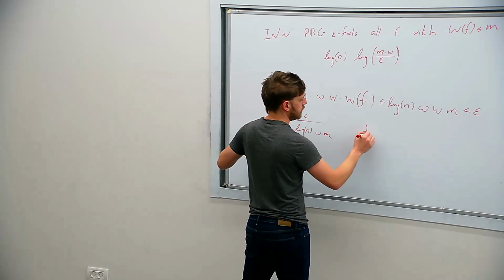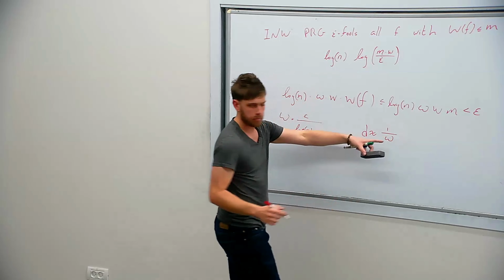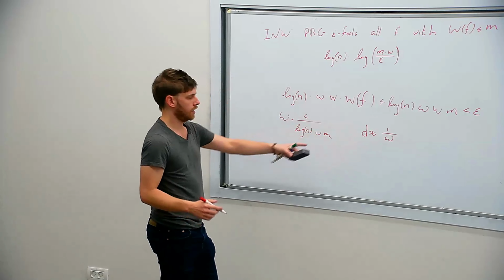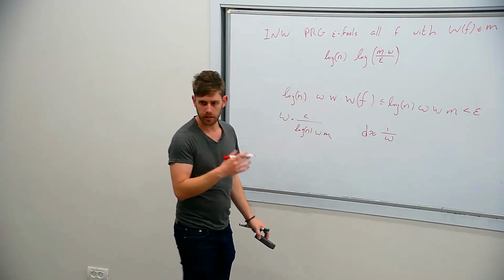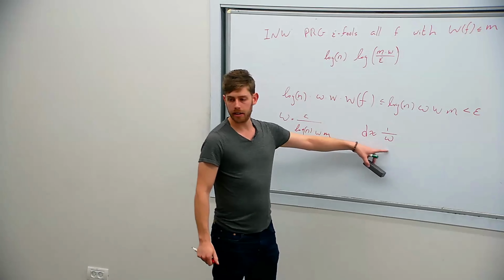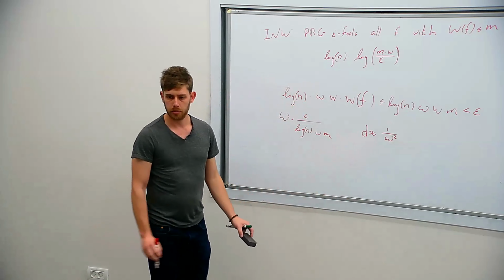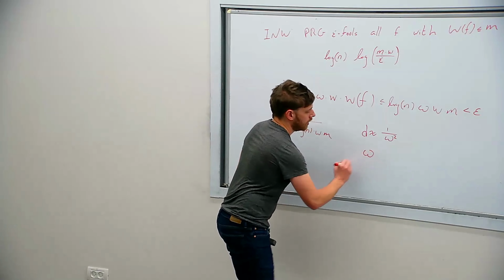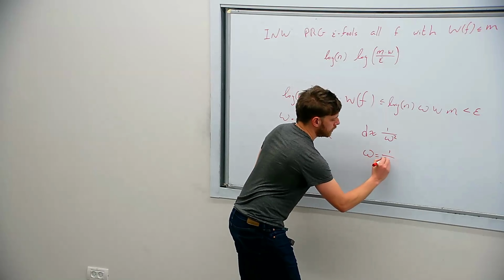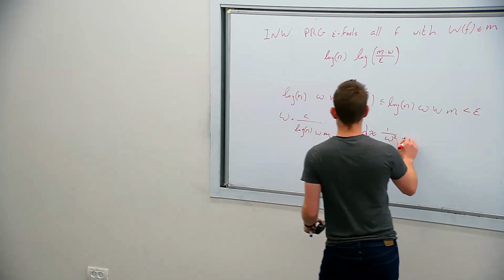So we need to choose d, which is approximately 1 over omega, maybe squared, but this is all going into a log. So why do you need d to be 1 over omega? Because I need an expander, an omega expander. Yeah. So I need d equals 1 over omega squared. Right? Because we have omega equals 1 over square root of d. Approximately.